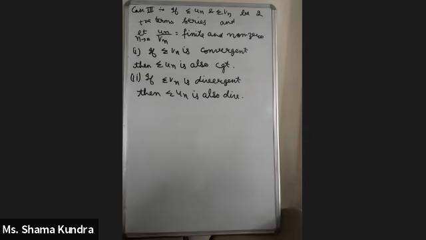But in the above comparison test, we have two series. Now, the question arises: from where does series Vn come so that we can apply the comparison test? The series Un is always given.